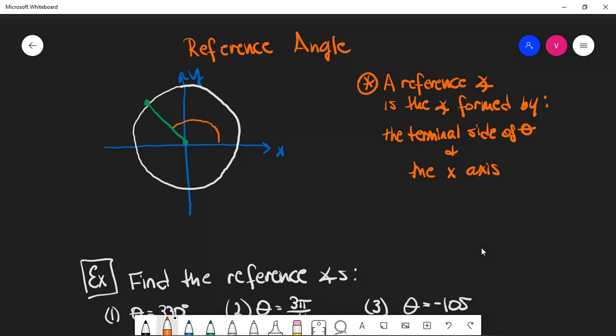Here's your theta. That lets you draw this triangle here, from the terminal side of that theta. Here's the initial side, and the green is the terminal side. From the terminal side, we're going to drop that down to the x-axis right here, which creates a right triangle. On this one, you're going to have a negative x and a positive y. And here's your radius.